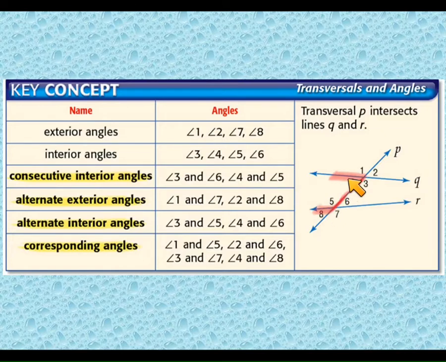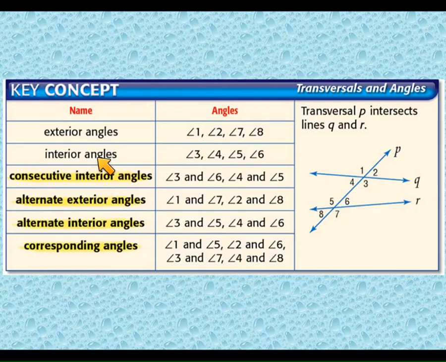One interior, then the next interior. Those we call consecutive interior. Also, 3 and 6, consecutive interior. Okay? So based on just this figure, we have a bunch of different angle relationships. Consecutive interior, interior angles that are back to back next to each other.